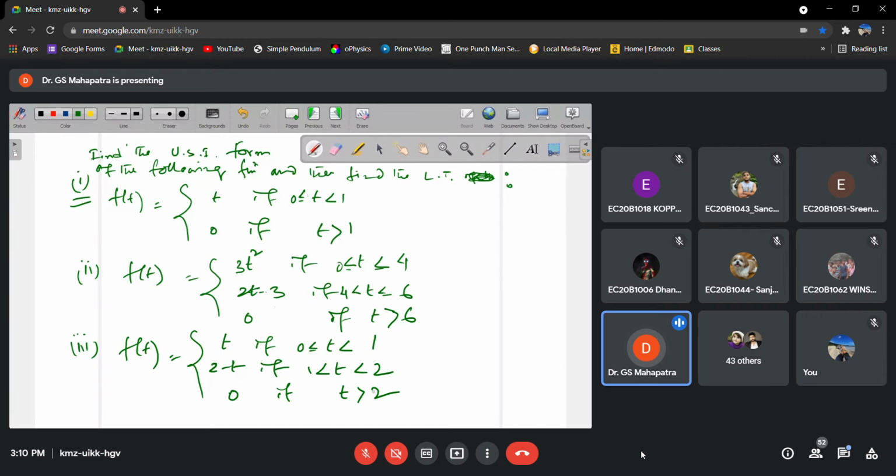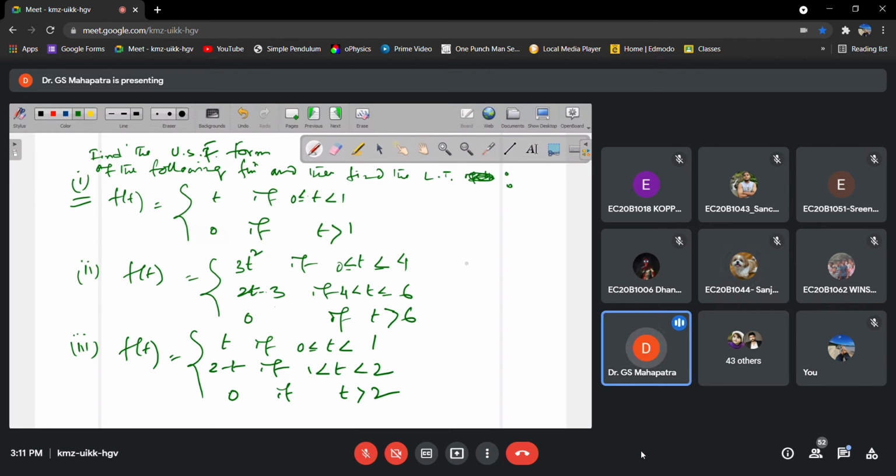In addition to that, I have one doubt, you can answer if you are able to. Say problem 3 or problem 2, anyone: instead of 0 in the last line, if I write 5 or 6 or 7, can you write it in unit step function form or not?